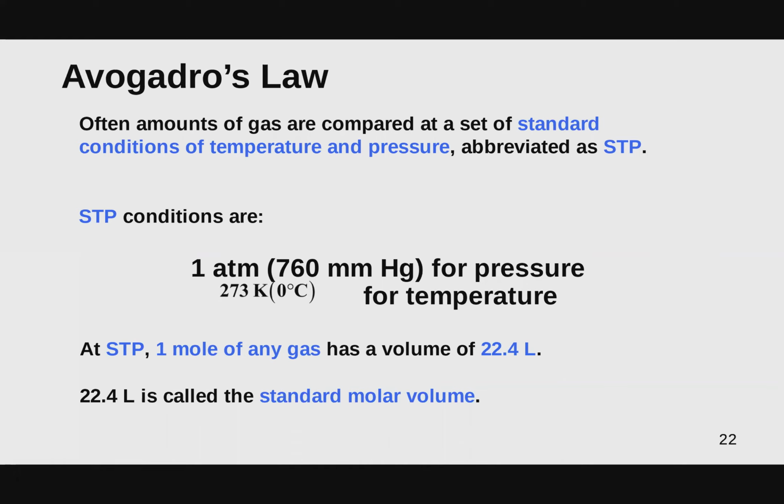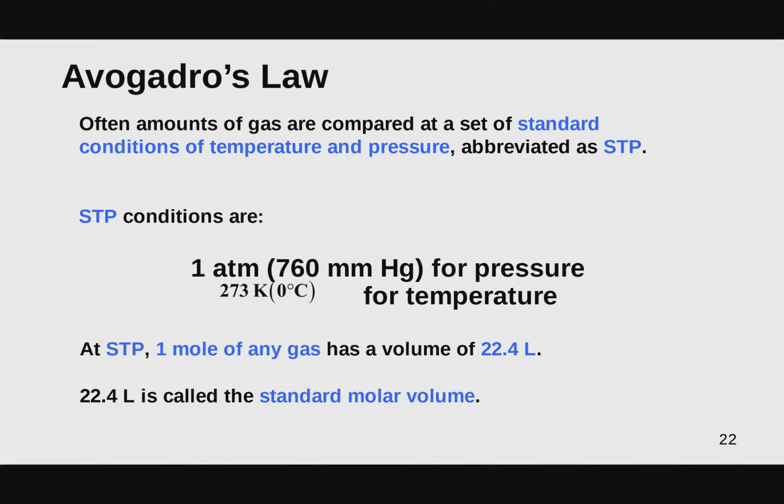Now, the other thing is if we have standard temperature and pressure, or STP, 1 mole of any gas, doesn't matter what the gas is on the planet, it could be carbon dioxide, methane, helium, argon, whatever, that 1 mole of gas will take an exact volume of 22.4 liters at standard temperature and pressure.